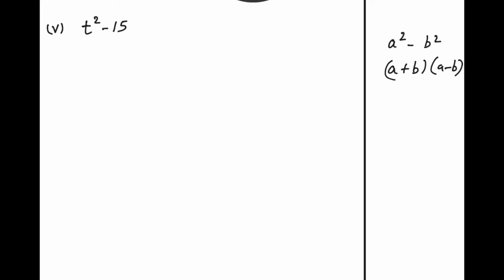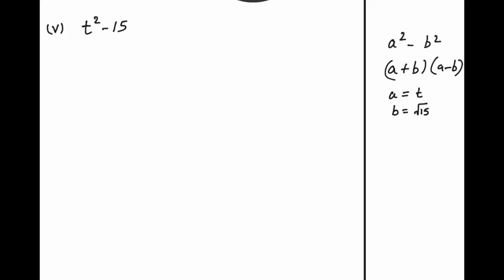So here a is t, and b square is 15, so b would be square root of 15. So we would write t square minus 15 in the form of a plus b and a minus b.